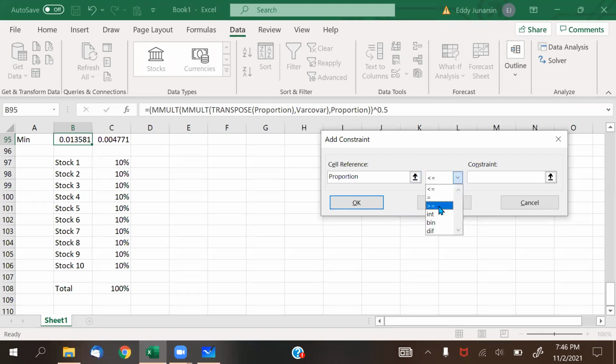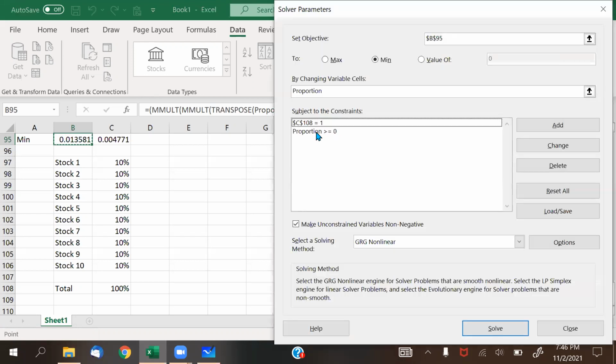This should be equal or larger than 0. So this one holds for a stock market where short selling is not allowed. So it should be positive.